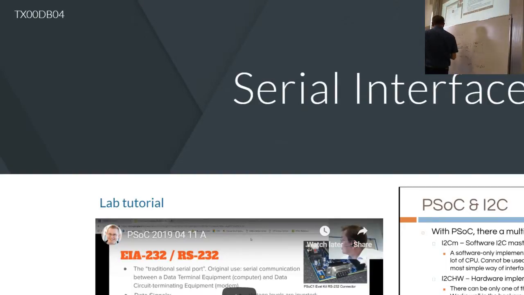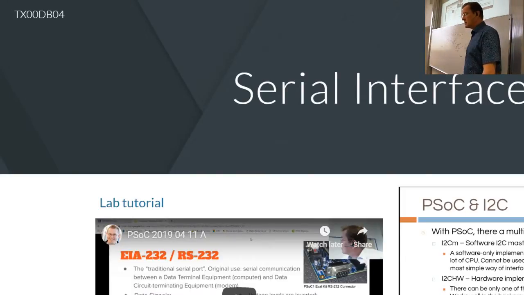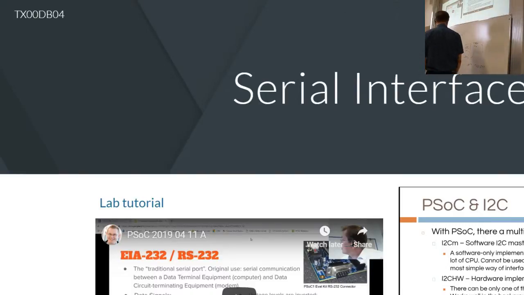Okay, but anyways, there was also that 4.7K resistor here, a pull-up resistor. Actually, this usually works also without that one, but just in case. It's actually in the PSOC documentation to add that external resistor there.